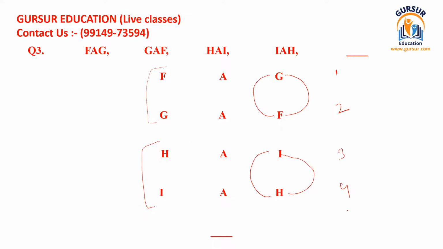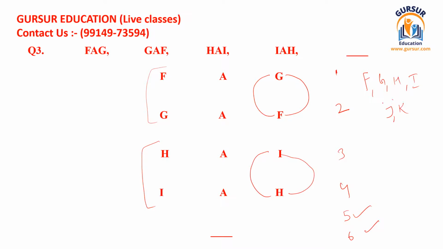That means we can find the fifth and sixth one easily. This is just in a sequence. If we say that use has been done for F, G, H, I, then at the place of the fifth and sixth element, there shall be J and K.